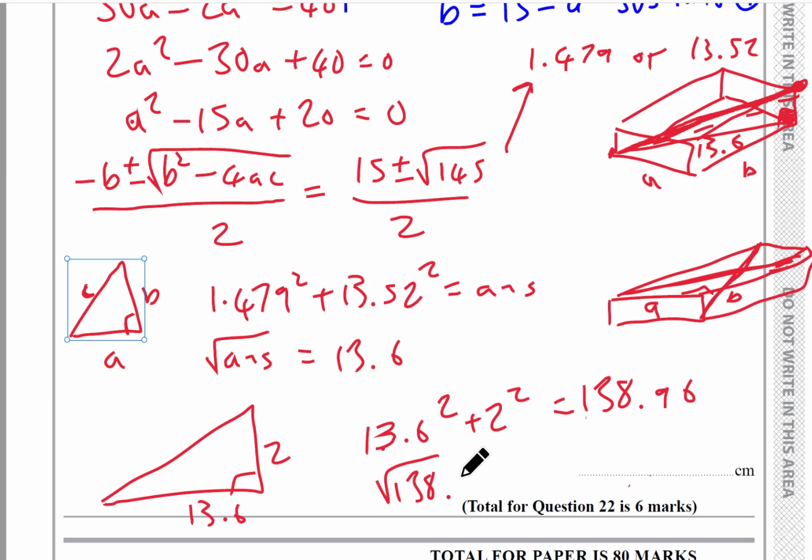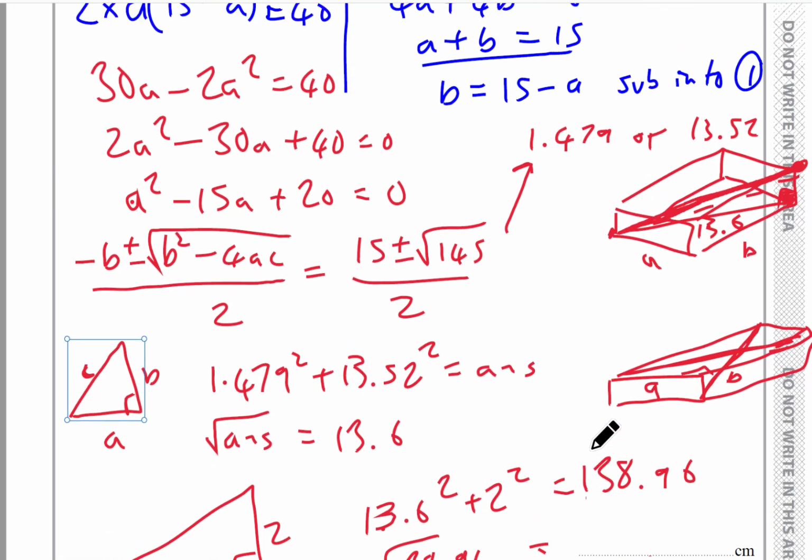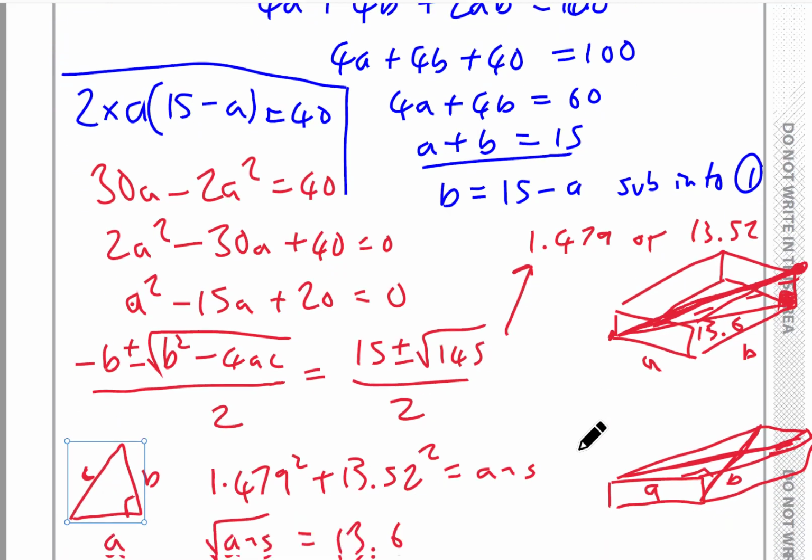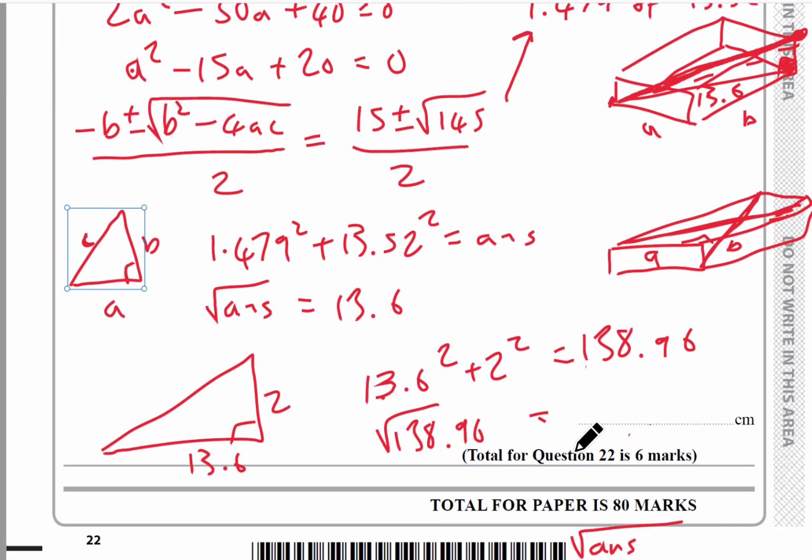And what do we get? 13.74. Does it say to round it to 3 significant figures? So that's 13.7.